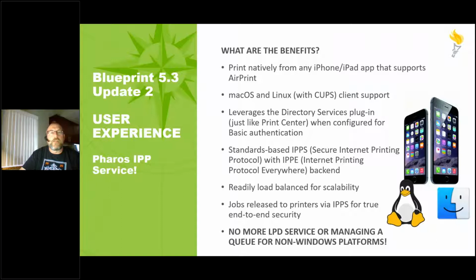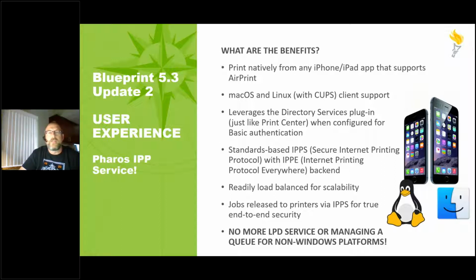The first thing we're going to talk about today is the Pharos IPP service, because it is truly the most exciting part of Update 2. What it means is that we can now print natively from any iPhone or iPad app that supports AirPrint. It also improves our support for Mac OS and Linux, as long as there are CUPS components installed within the Linux systems.